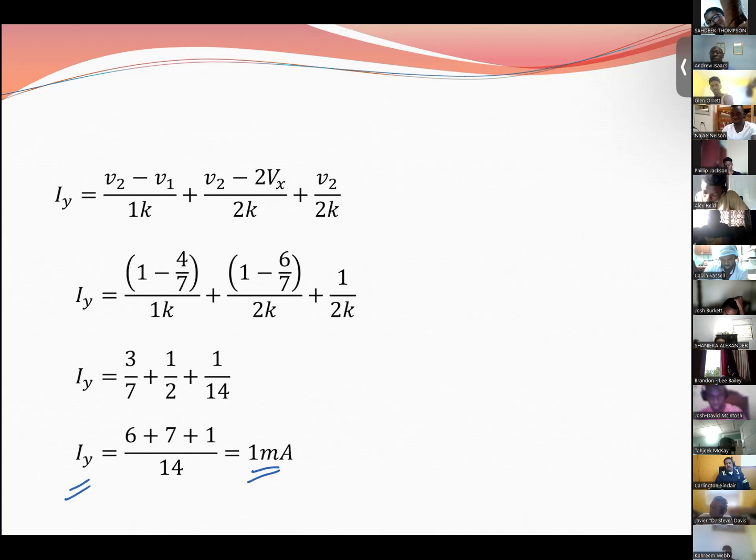So in a sense, we're saying that the 1 volt source, when we connect it to that circuit, which has only a dependent source, it will produce 1 milliampere.